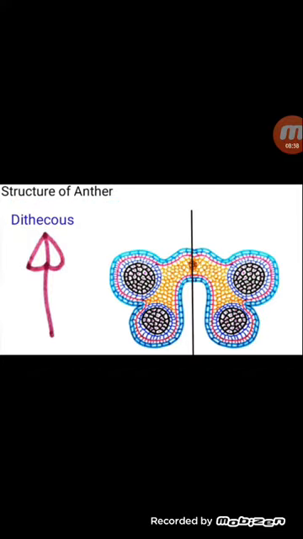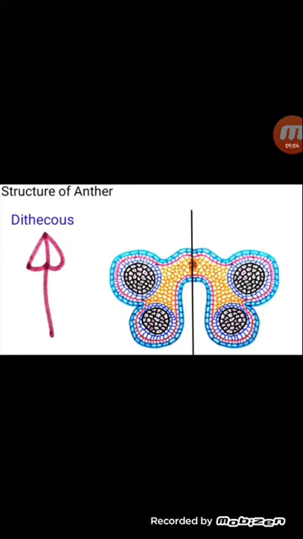Now, this anther is dithecous. Di means two. You can see this diagram on your right hand side. I have shown it by a black line. So it can be divided into two halves.